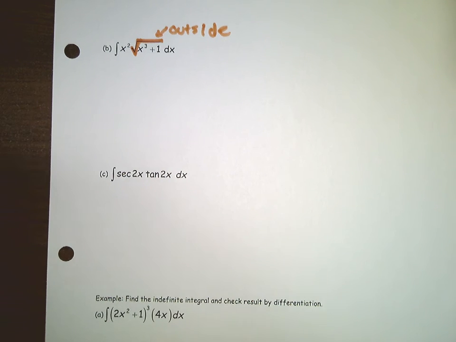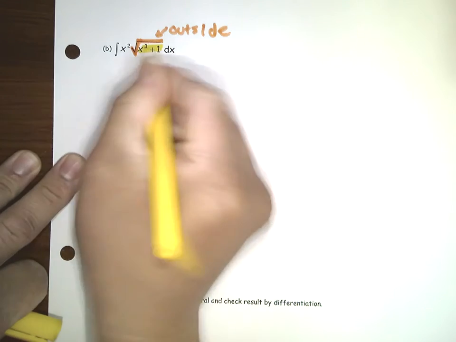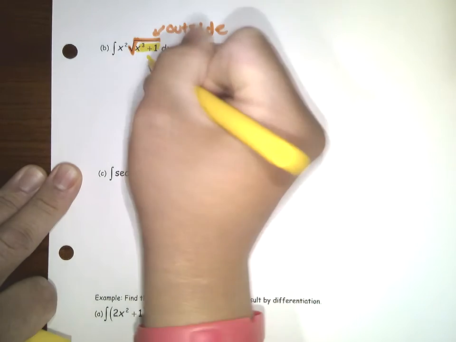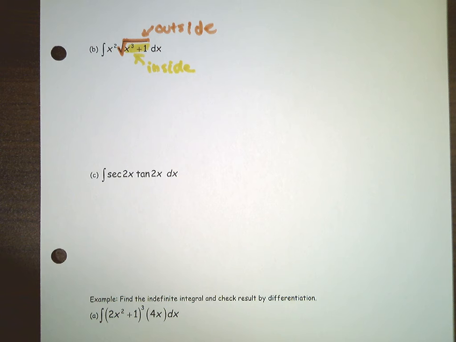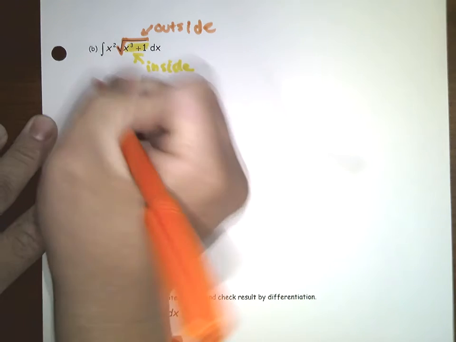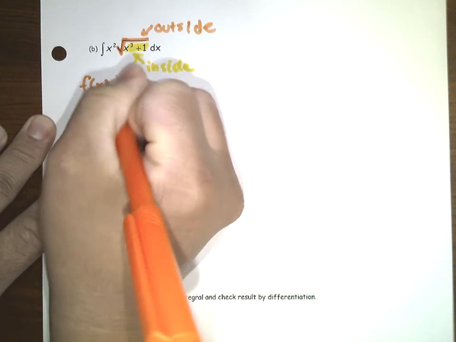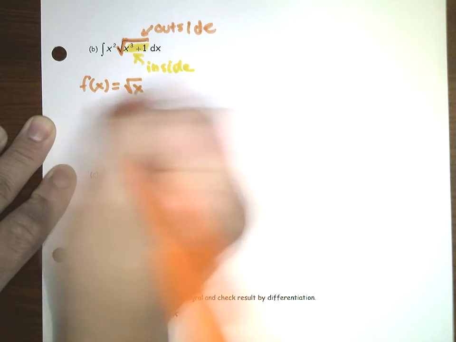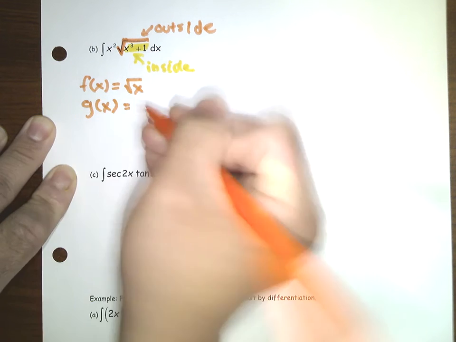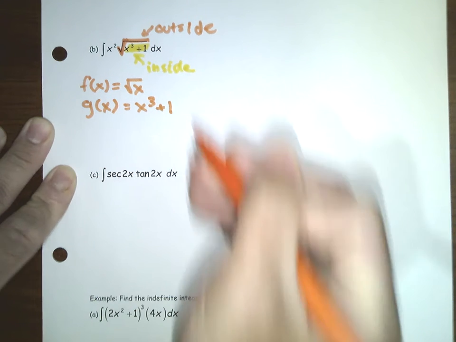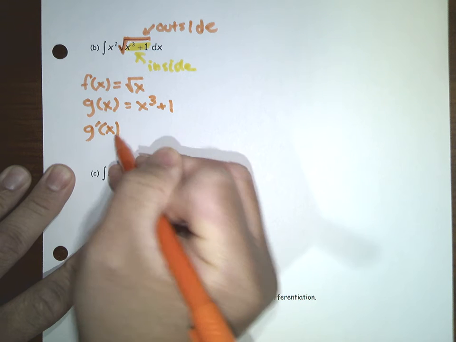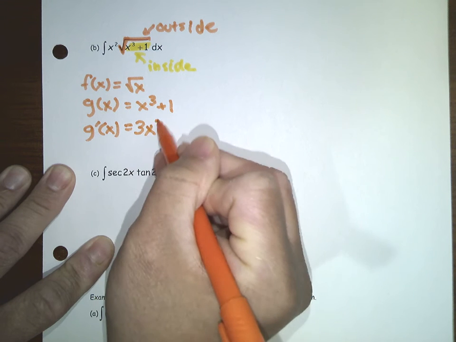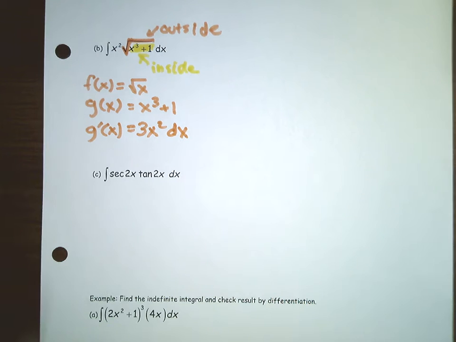So the inside function is x to the third plus 1. So I will let f of x be the square root of x, g of x is x to the third plus 1, and then g prime of x is 3x squared dx.